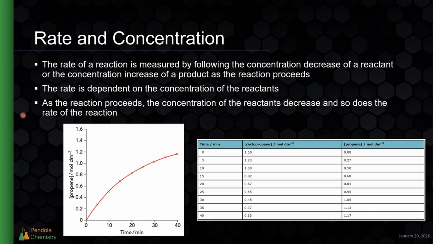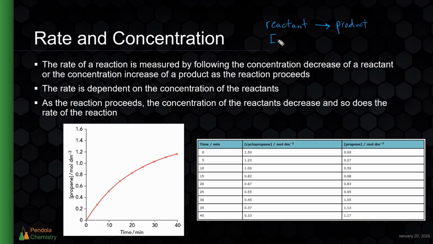Why? When we have a chemical reaction, and we're going to draw here a generic chemical reaction, we have a reactant turning into a product, right? Let's not go into specifics, just reactants and products. So what happens? As the reaction proceeds, the reactant gets used up and the products get made.